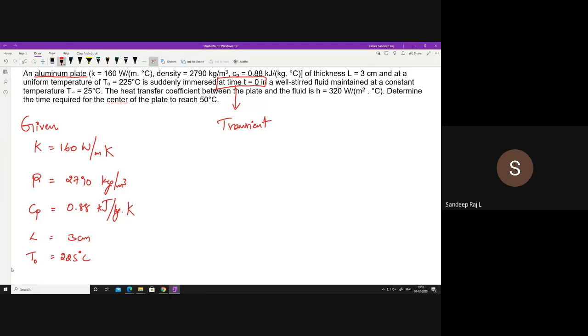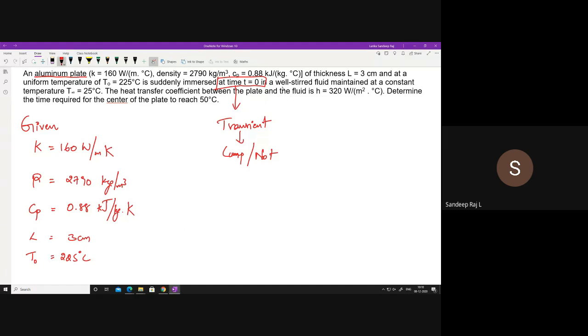So far we have seen what to do if it is a lump. If it is not a lump, we have to follow some other procedures called semi-infinite solid and infinite solid that we will be seeing in the next class. So as of now, we will be discussing the lump system.